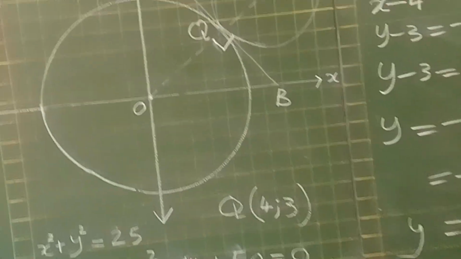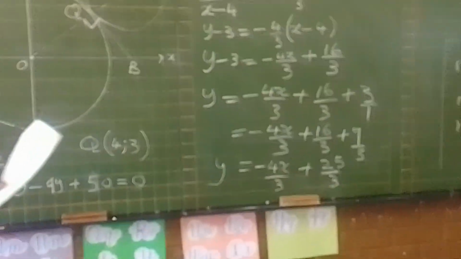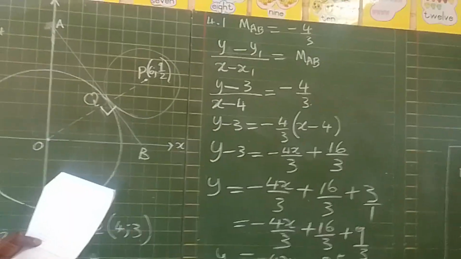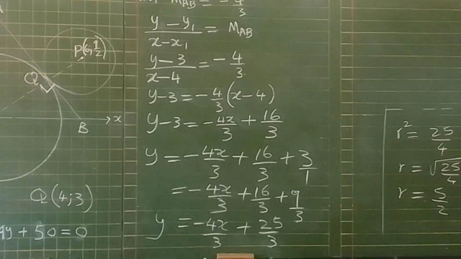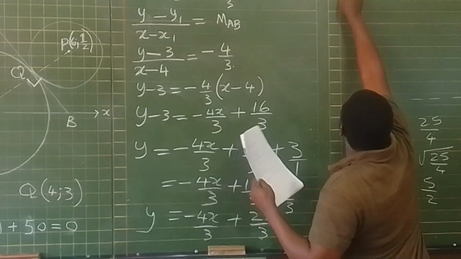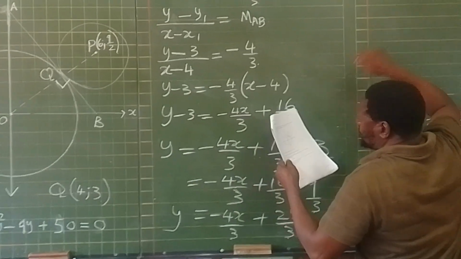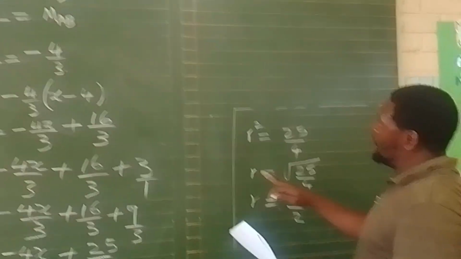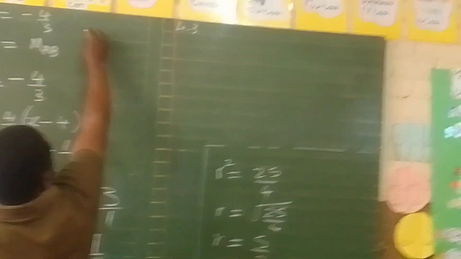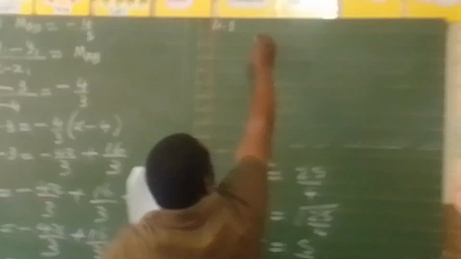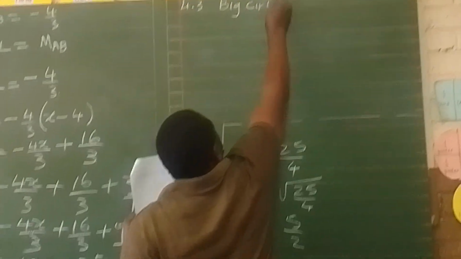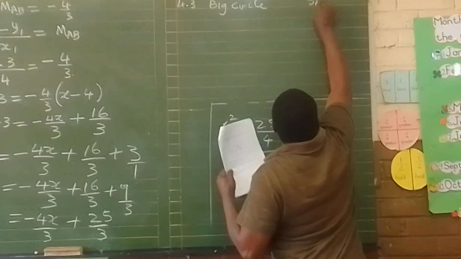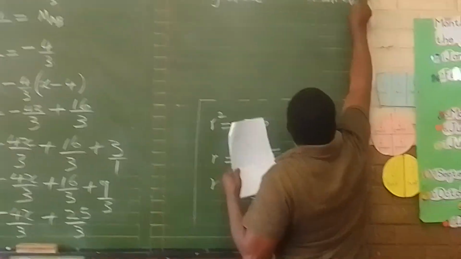Question 4.3 says, if the larger gear makes one full revolution, how many times will the smaller gear turn completely? Now, we are coming to 4.3 here. Let's take the big circle, small circle.